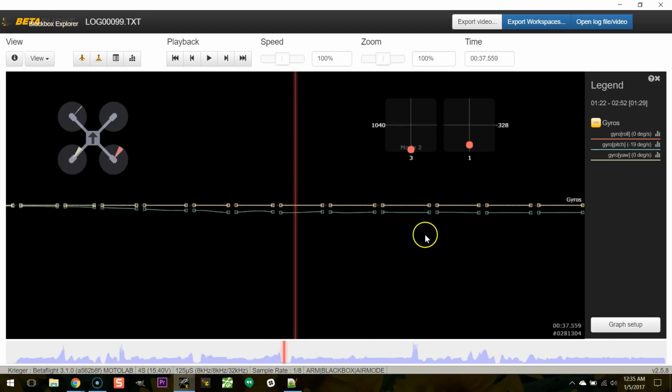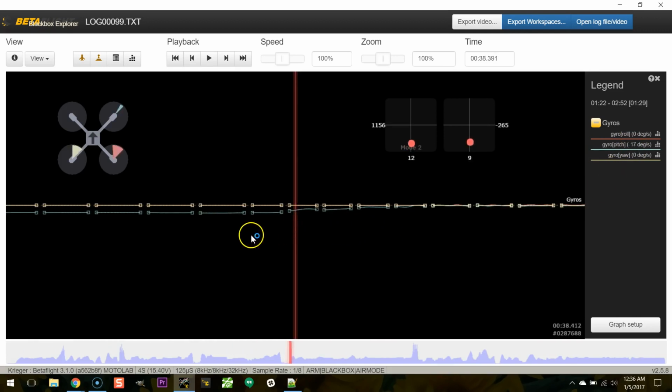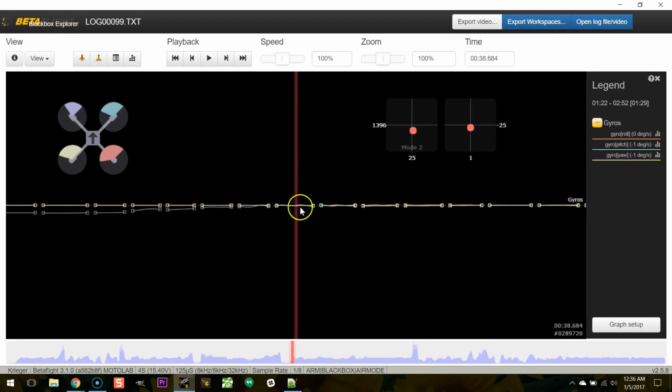Again, this has nothing to do with its absolute position in space. It could be pointing at the sky or the horizon or the ground. All we know is that it is pitching backwards at a rate of 19 degrees per second. And then as it becomes 0 again, it's stopped pitching backwards, and it is now staying at whatever attitude it was facing when the line went to 0.